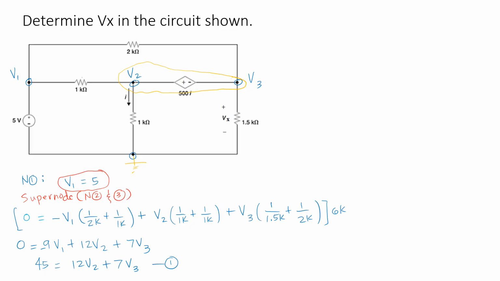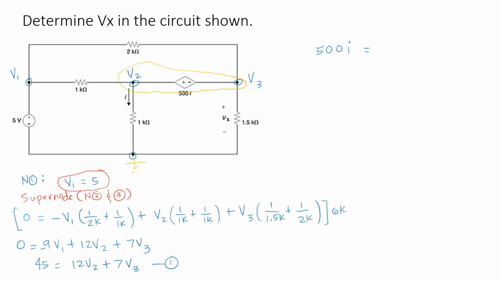Let's move on. We need one more equation. And for the next equation, let us look at the dependent voltage source 500I, which is between nodes 2 and 3. We can therefore write the value of that voltage source, which is 500I, in terms of V2 and V3.